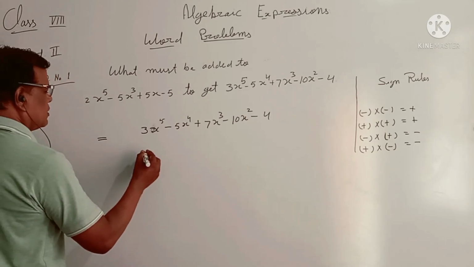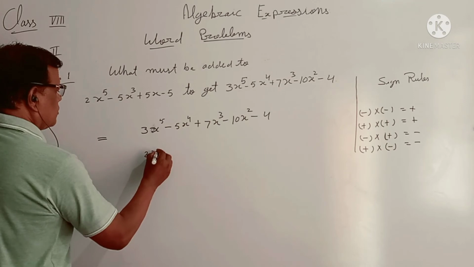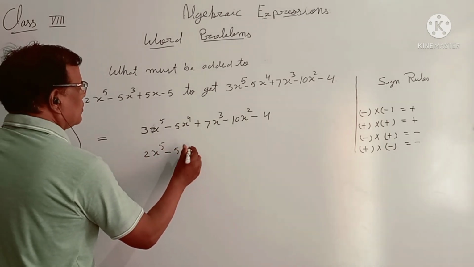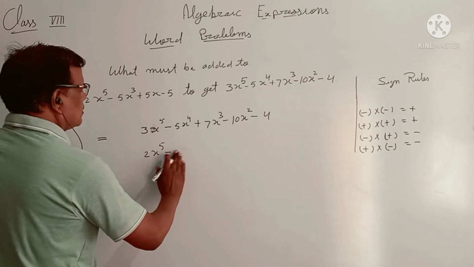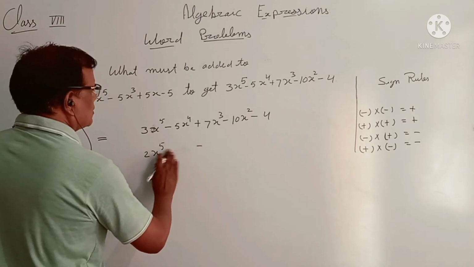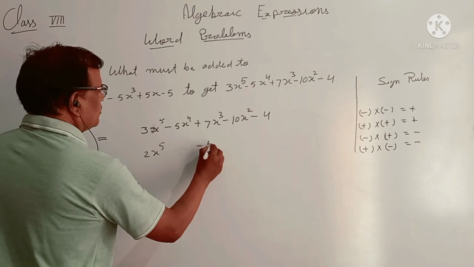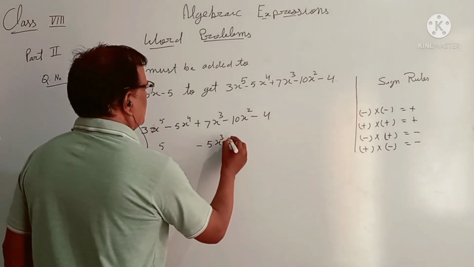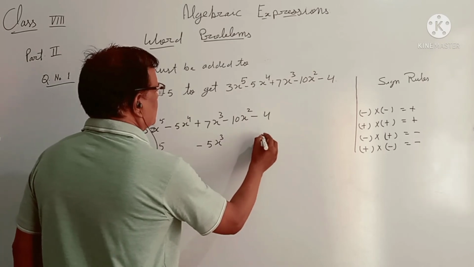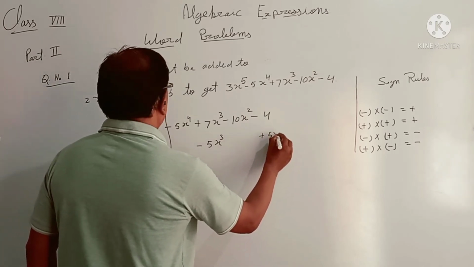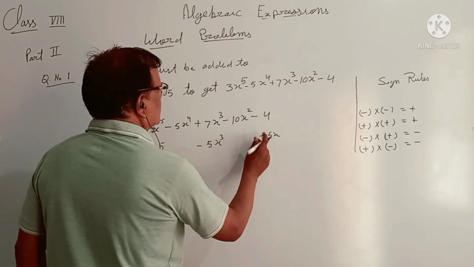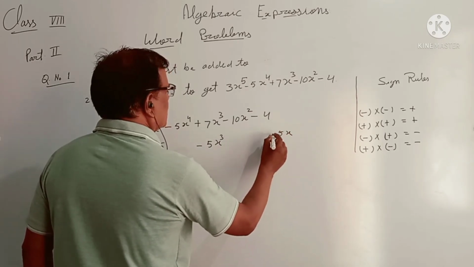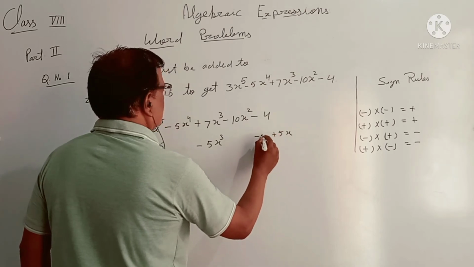The first expression is 2x to the power 5 minus 5x cube plus 5x and minus 5.